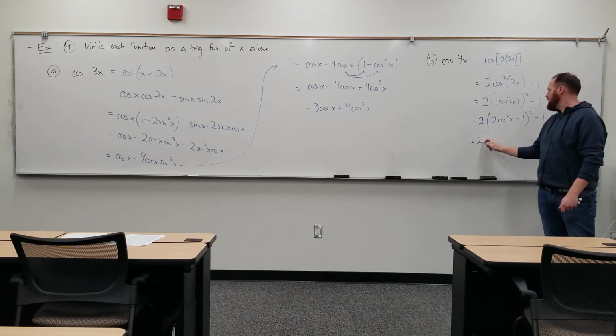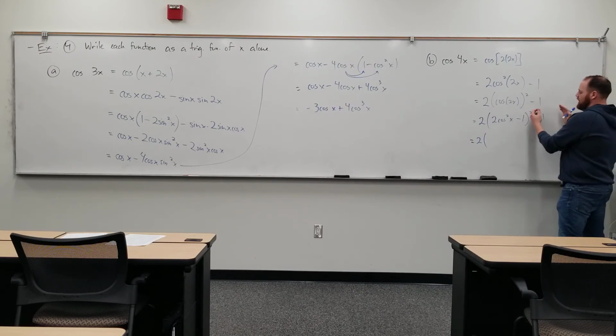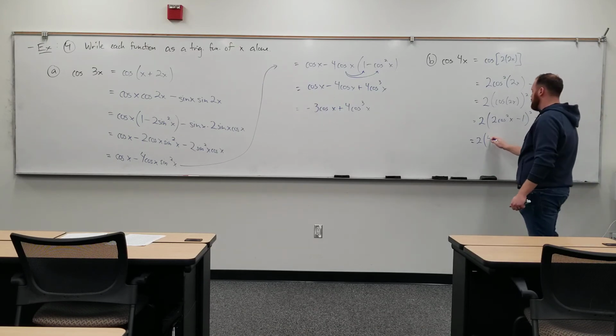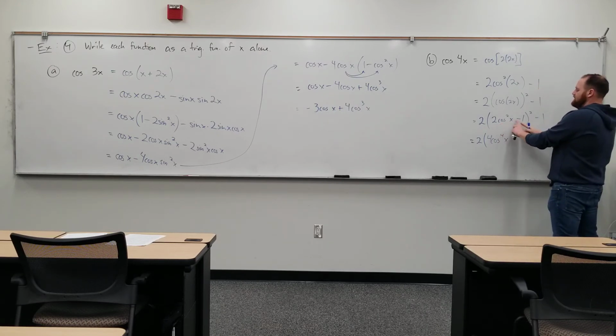So this is 2 times. Ooh, I'm running out of space. So I'm just going to square this in my head if that's okay. When I square it, I'm thinking about writing it out twice. I'm going to have this thing times itself, so that's going to give me 4 cosine to the 4th. Then I'm going to have this thing times this thing, for the outside.